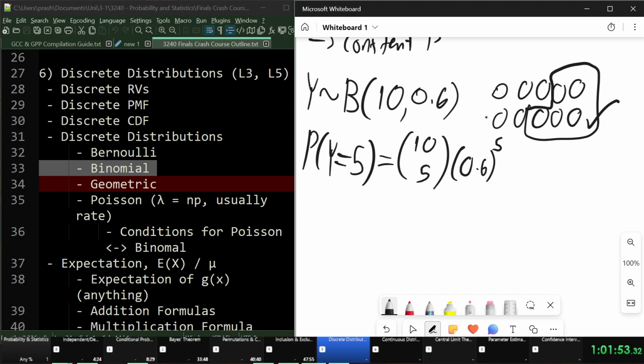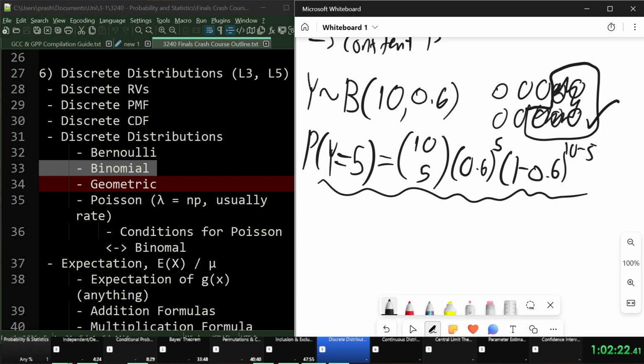But you also want to make sure that the other 5 are not successful, because you want 5 successes and 5 failures, because the total number of trials is 10 in this case. So the probability of failure is 1 minus 0.6, to the power of 10 minus 5. You want the other remaining parts to fail, just to guarantee that you will end up with 5 trials that succeeded. This is the binomial formula.